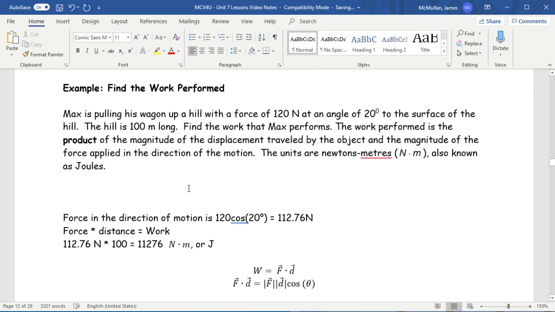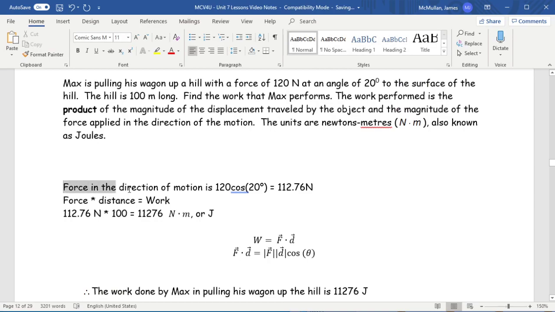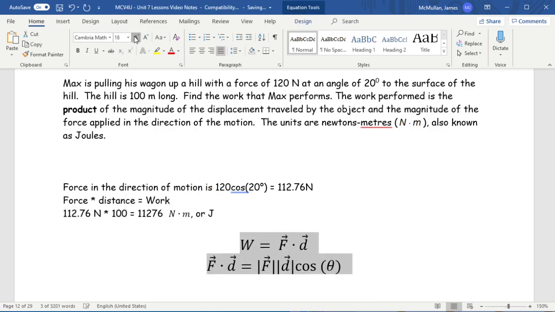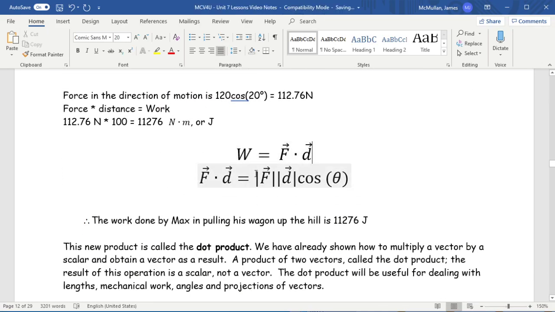Because if you go back up to our solution, the force in the direction of motion was the whole force, 120, times the cos of the angle in between the two vectors. So F cos theta is how we got the 11276, and then D is where we got the 100. Okay, so here's the first really important idea just to understand.